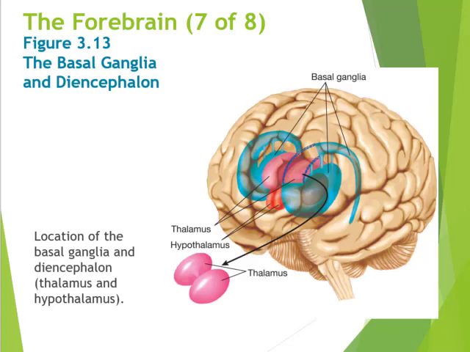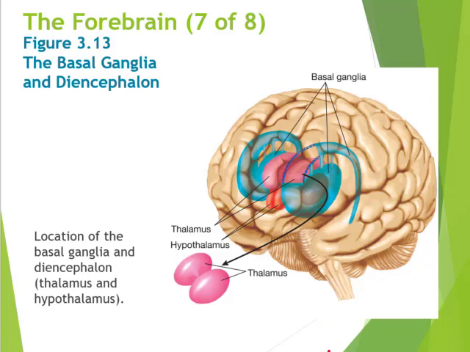The basal ganglia, again, are part of the diencephalon, part of this larger grouping that is the forebrain. In the basal ganglia, we have a group of subcortical nuclei in the forebrain that are involved with the control of movement.